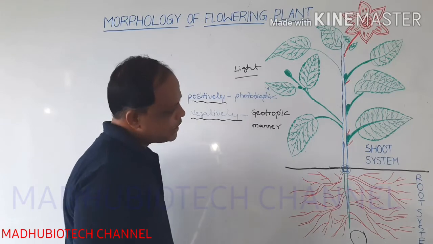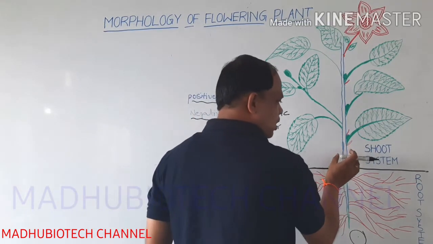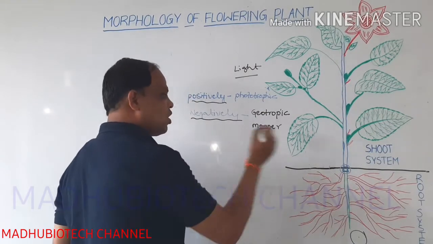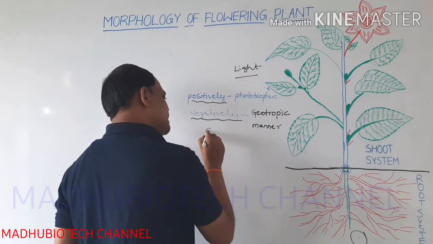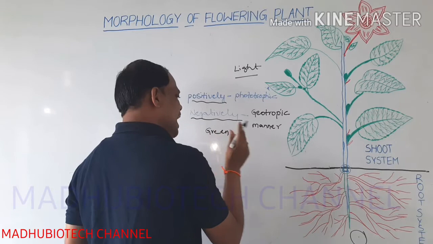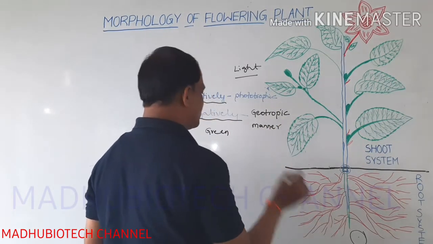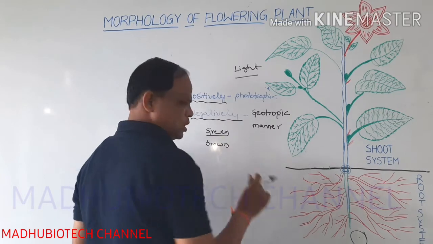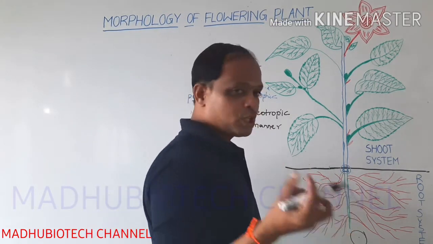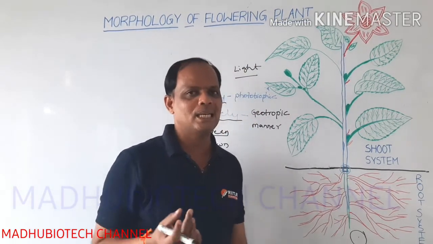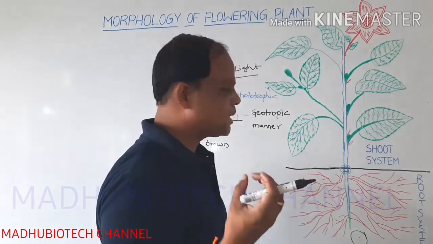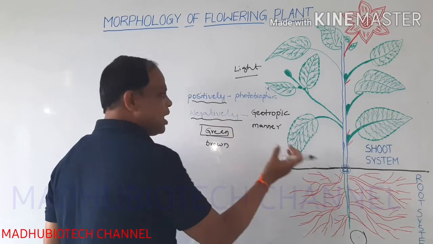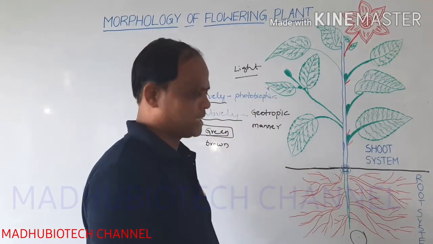Okay, and the younger stems are green in color. The older stems are brown in color. In the smallest, little plants, the stem is green.